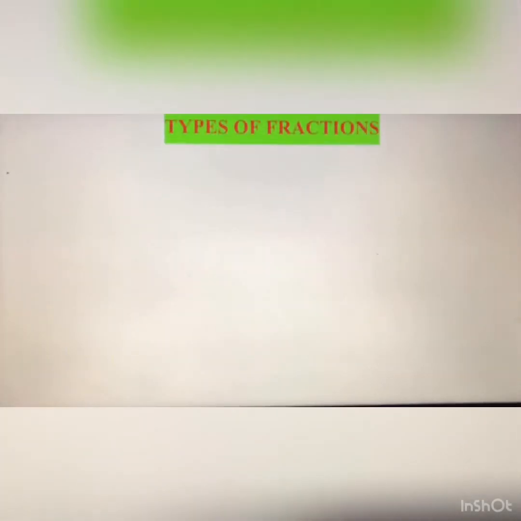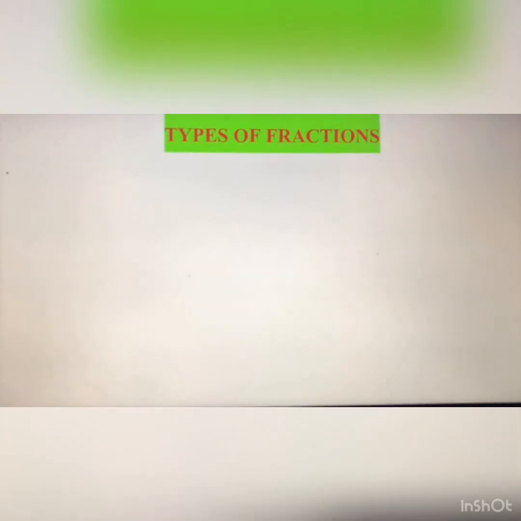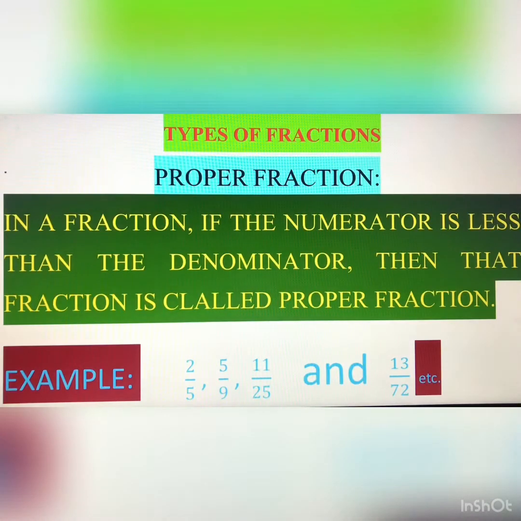Now types of fractions. The first one is proper fraction. In a fraction, if the numerator is less than the denominator, then that fraction is called a proper fraction. For example, 2 by 5.